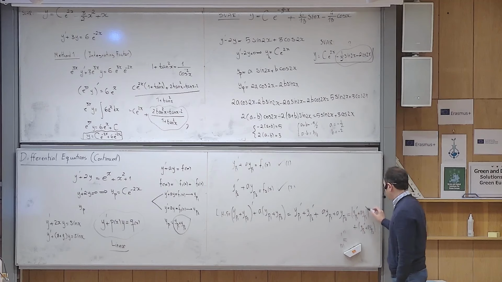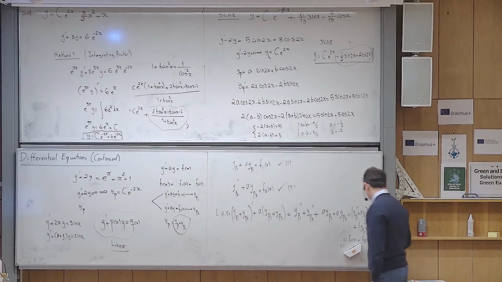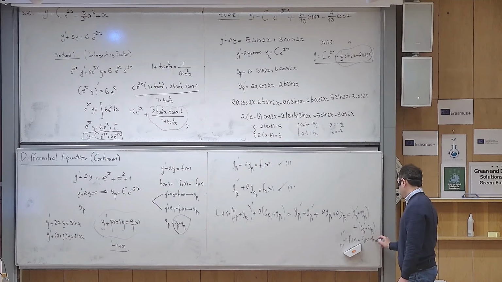What can I write for this one? I can write f1 of x. And for this one, f2 of x. But if I ask you what is f1 of x plus f2 of x, that is exactly f of x. And that's equal to the right hand side. So as far as you have a differential equation with this property, you are done.